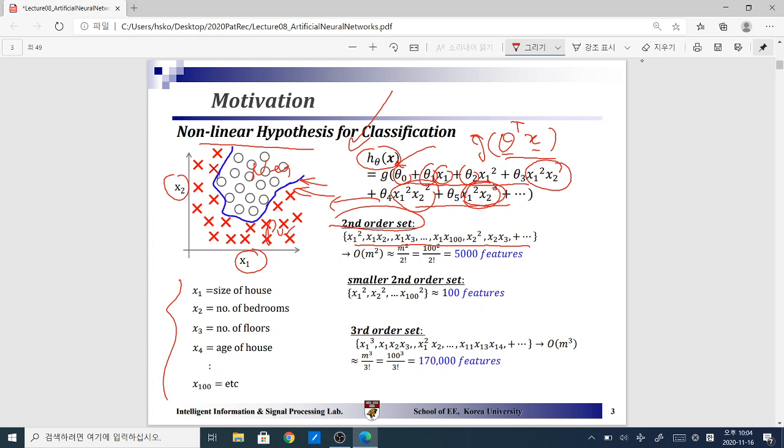But suppose we now increase the number of original features to say 100. So instead of having just these two, now we're going to add more, and let's say we have about 100 features.